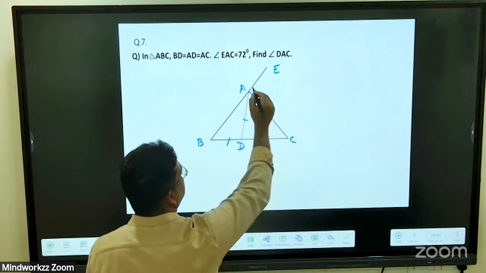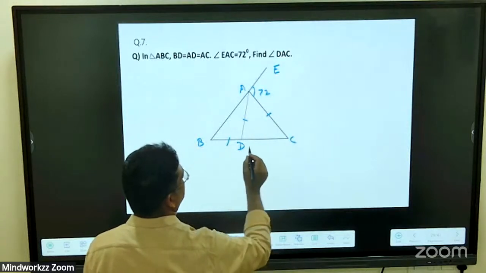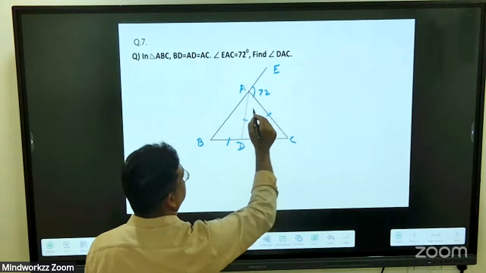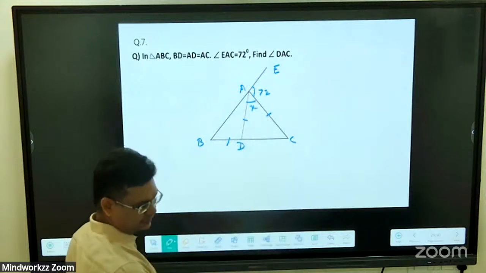EAC is 72. You need to find the value of DAC. This X, you need to find X.